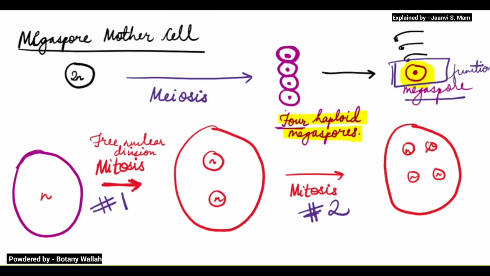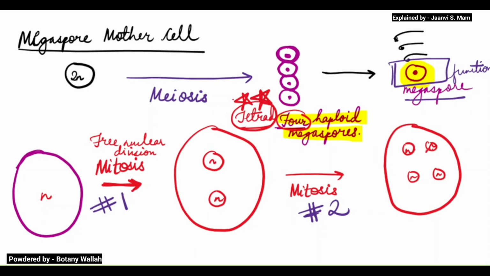Instead of saying four, like yesterday when we were studying pollen grain development, microspores, there also I had told tetrad. You can write here tetrad also, tetrad of haploid megaspores, sorry. So you can say tetrad instead of writing the word four. You should remember this point also. So that's it. This was the entire topic about the development of embryo sac.